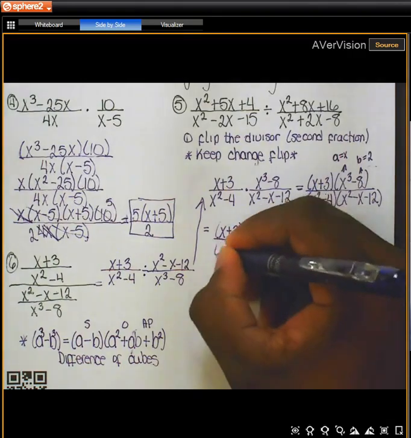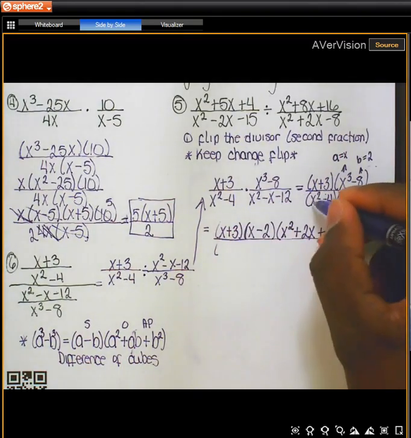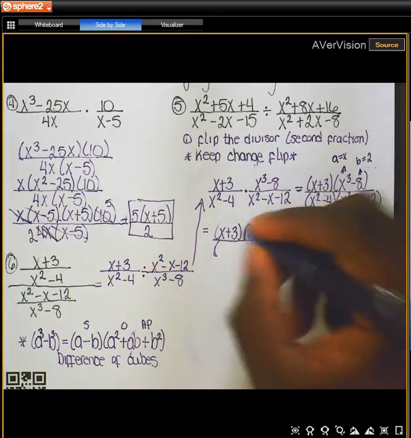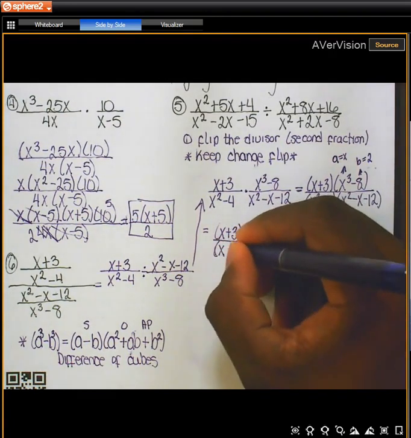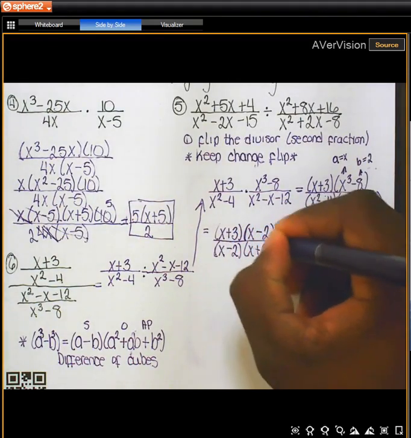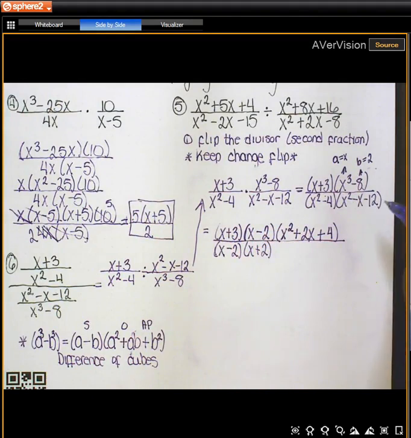Yes. These two are perfect squares. X squared is a perfect square and 4 is a perfect square. So this is a difference of squares. Can we factor this one?